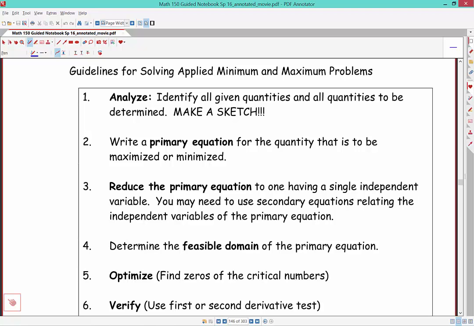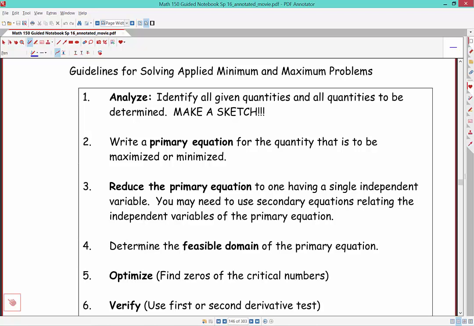So basically what you had to do is figure out how to write a function in a single variable, and then you used your calculator and all that good stuff to figure out what the maximum area would be. So you still need to utilize those skills. But now we will be using our calculus methods instead of our calculators to find the maximum or minimum.